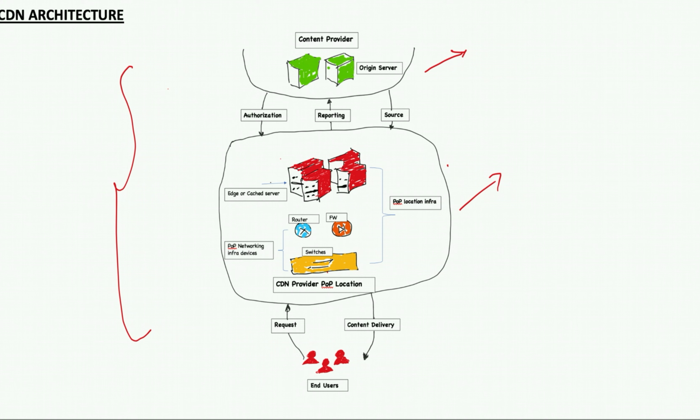So this POP holds multiple cache servers and other networking infrastructure like routers, firewalls, switches, and even load balancers and other things like IDS for better content delivery and optimization of the connection to the cache server.